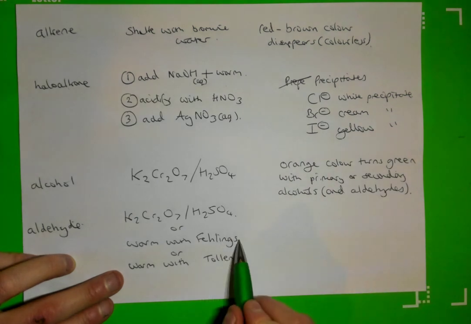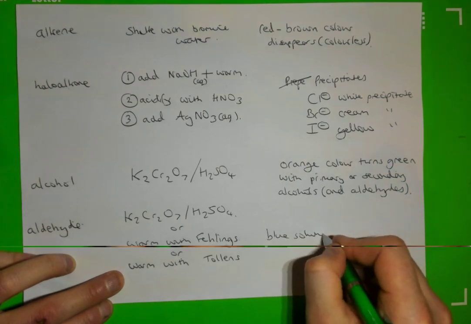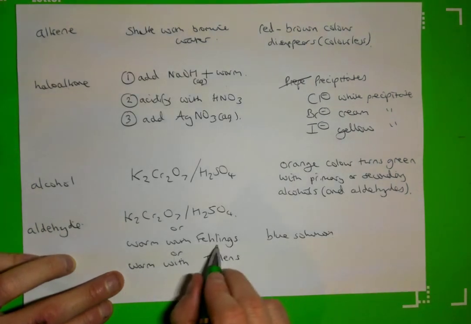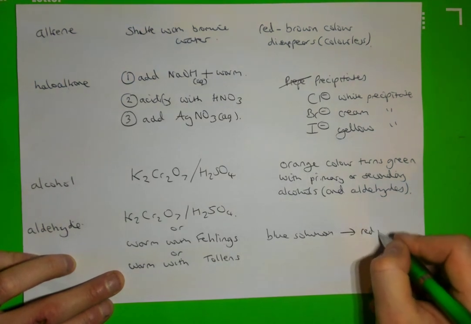If we're warming with Fehling solution, the blue turns to a red precipitate. So it goes from a blue solution, that's what colour Fehling's is, to a red precipitate.